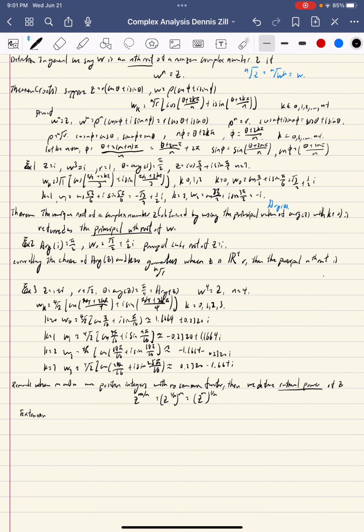So the textbook ends here, but I would do some extra practice just as a courtesy, right? And now extension. Now let's do the definition. The n distinct nth roots of unity.